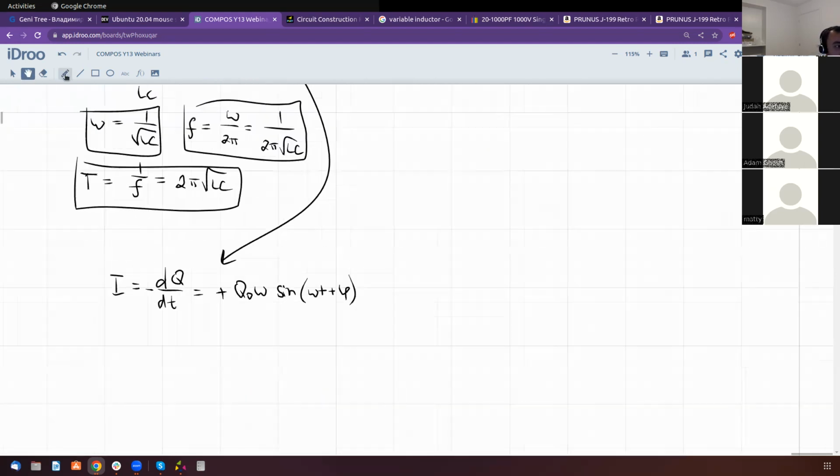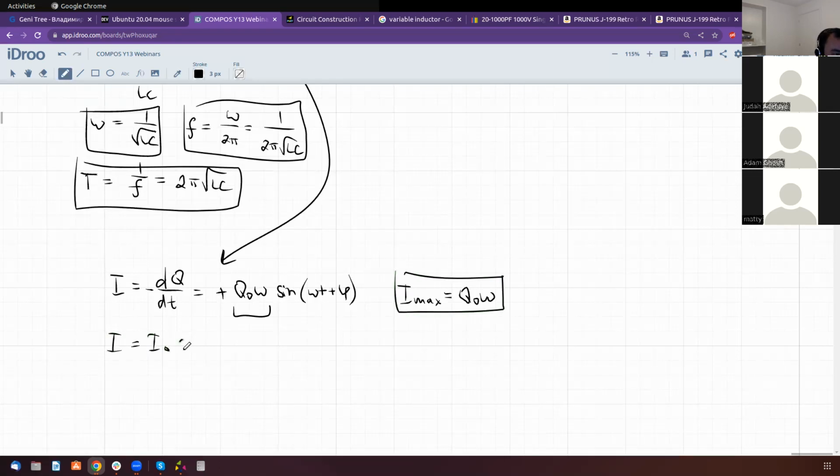You can already see that this is the amplitude of the current. The maximum current is q0 omega. It's interesting to know. So current is I0 sine(omega t plus phi). So the current is sine while the charge is cosine, a phase of pi over 2. It's not in phase with the charge, which makes sense.